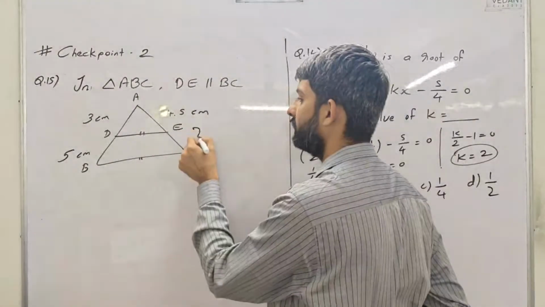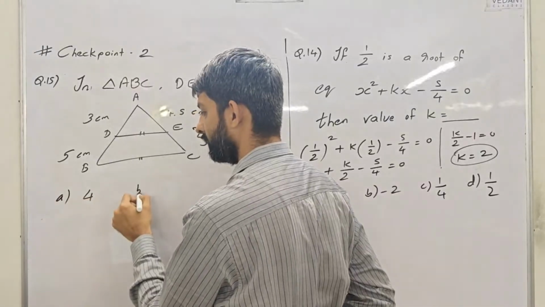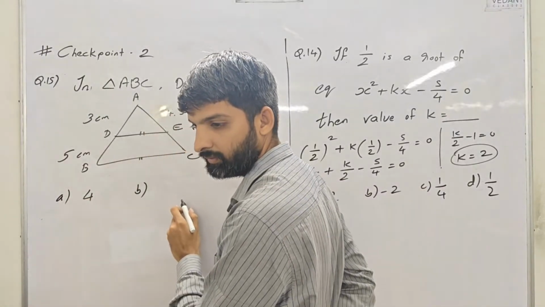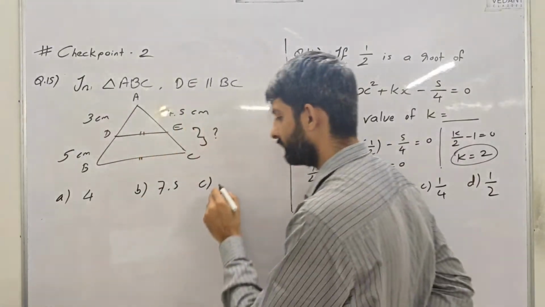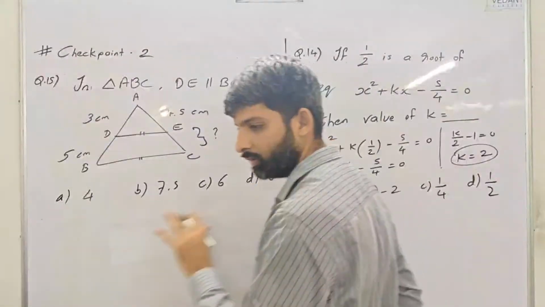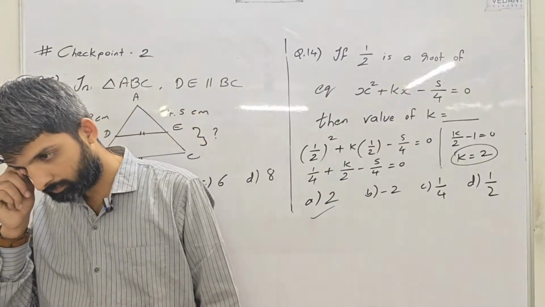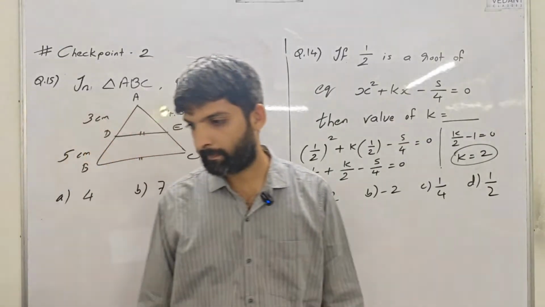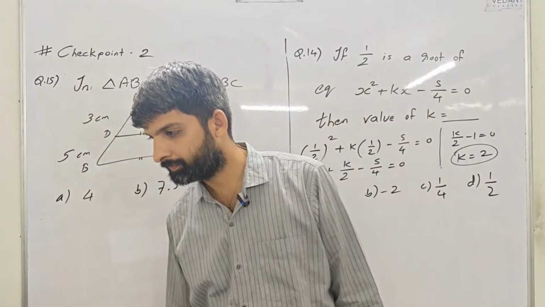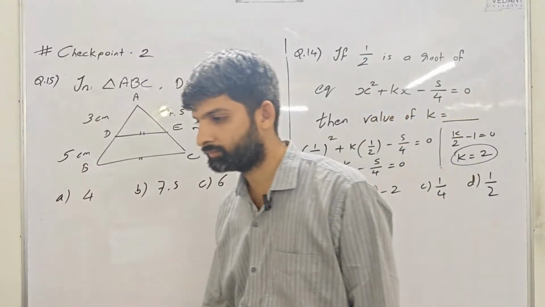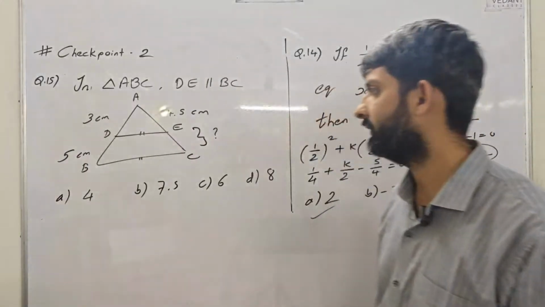You need to identify the length of EC. Options are A 4, B 7.5, option C is 6, and option D is 8. All values are in centimeter. Solve it and tell me the answer.